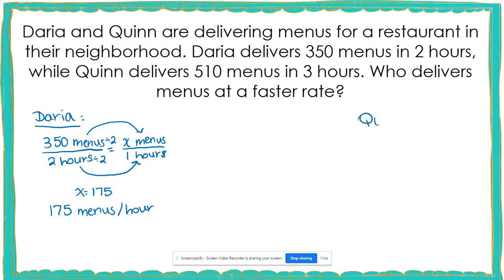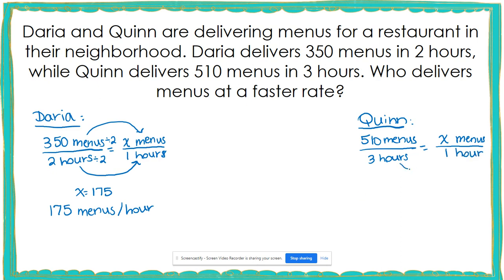Now let's look at Quinn. I know that Quinn can deliver 510 menus in 3 hours. So that's going to be my first ratio, 510 menus to 3 hours. What I need to know is how many menus, so I'm going to use the variable x to represent that, she can deliver in 1 hour.